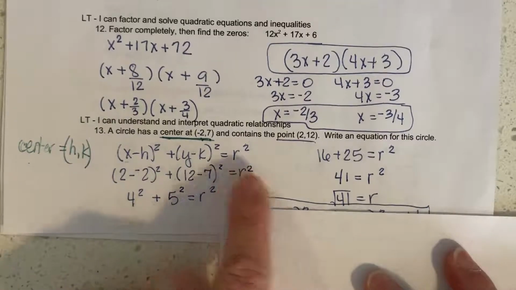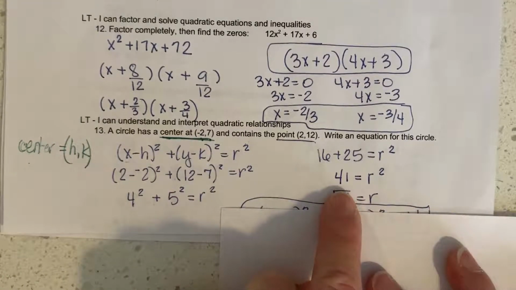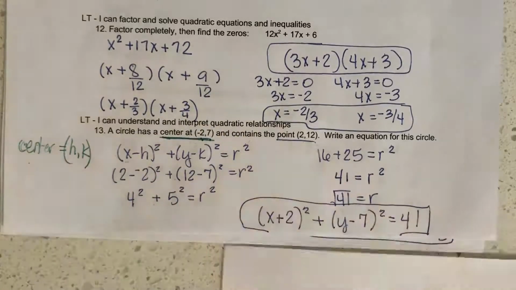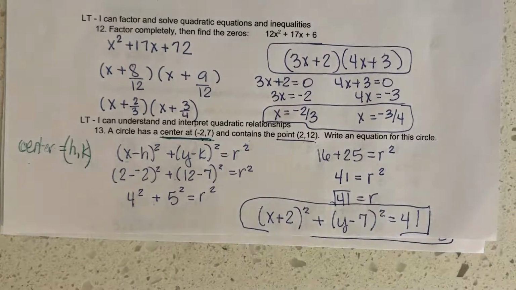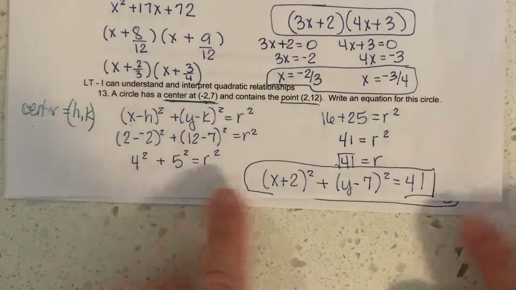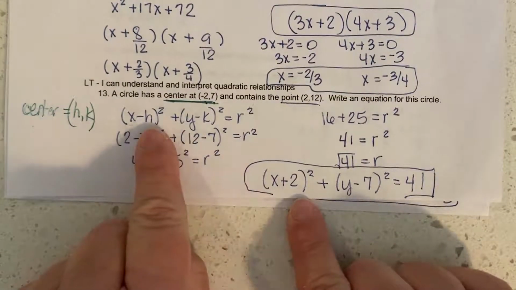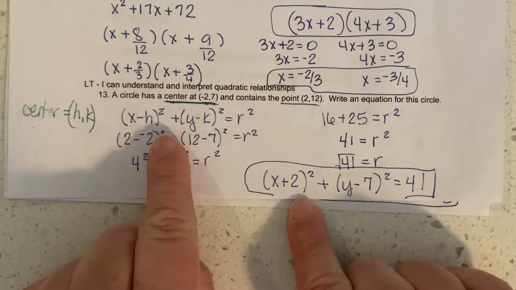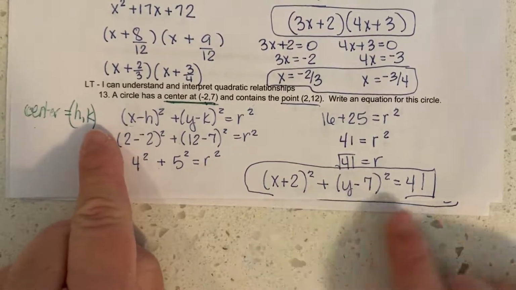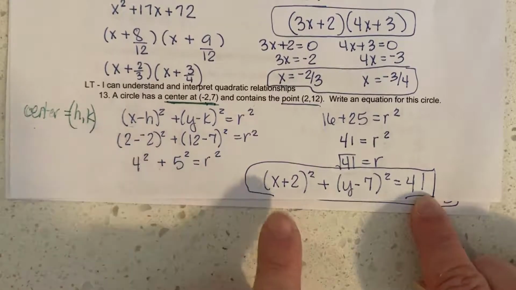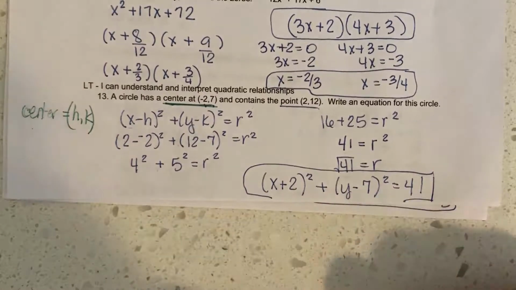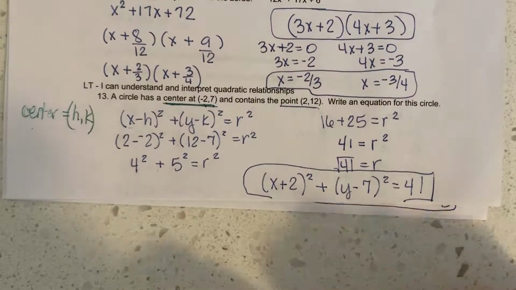Now, our original equation needs r squared. So we're actually going to use the 41. We technically could have stopped there. So now all you have to do is take the original equation that I wrote, and all you want to put in is your h, your k, and your r, because you never put your x, y. Think about linear functions.